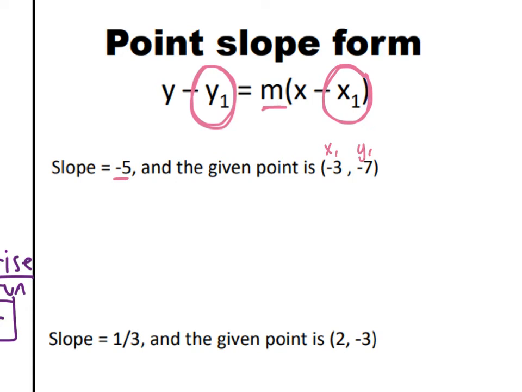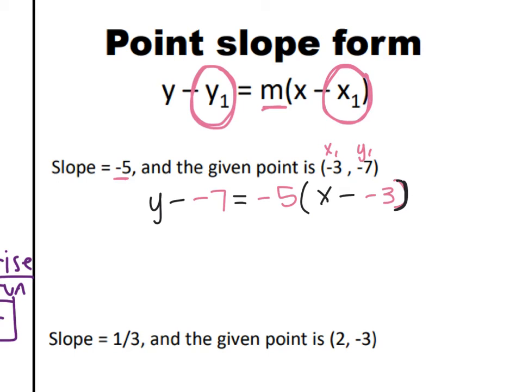So now, since I'm plugging in the point and the slope into the form, this is what it would look like. We'll have y minus y1, which is -7, equals m is -5 times x minus our x1 of -3. We'll do that black. Right, so all we did here is take our given point, x1 here, y1 here, and then our given slope in for m.